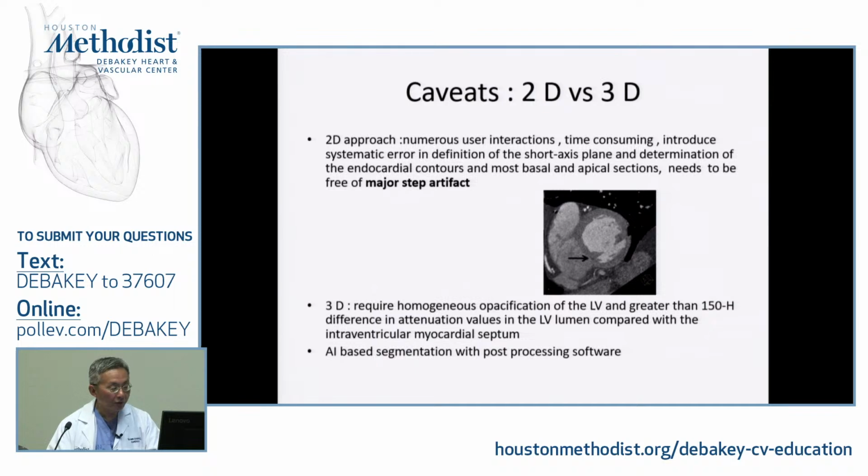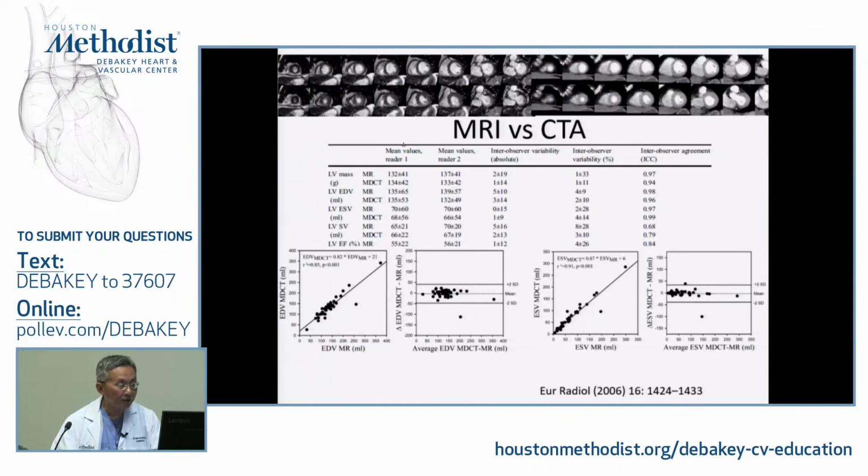In 3D, you obviously need good, homogeneous opacification and enough difference between the myocardium and the LV cavity in order to get an accurate segmentation. AI has a similar problem to 3D methods. Compared to CTA using a 64-slice retrospective gated protocol, it's as close as you get to MRI, which is considered the gold standard right now.